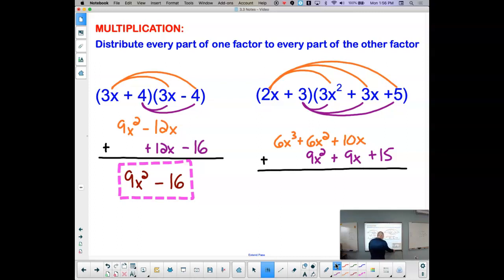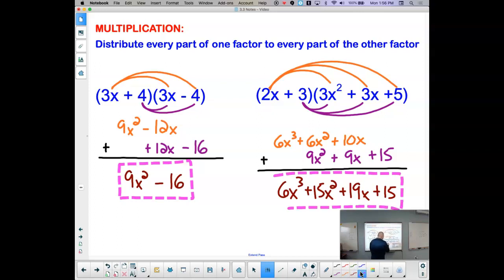Add them together, gives me 6x cubed plus 15x squared plus 19x plus 15. That's my final answer there.